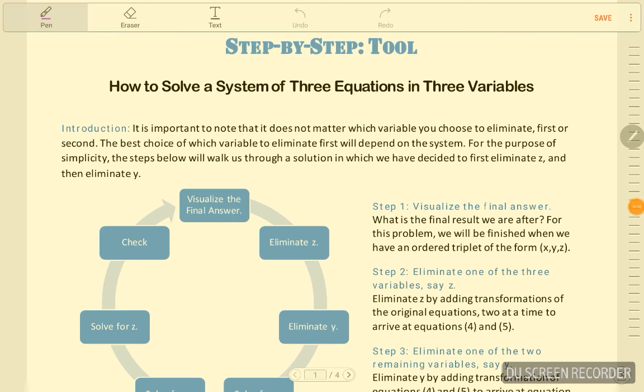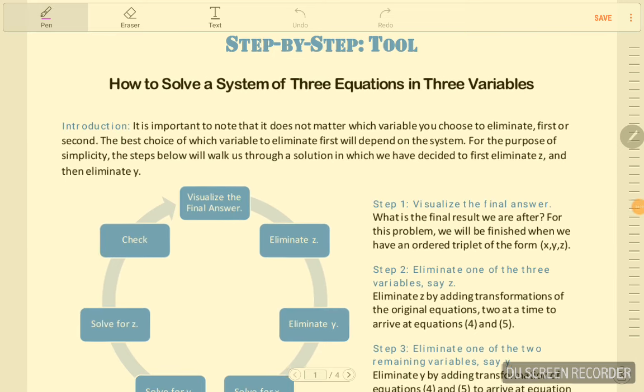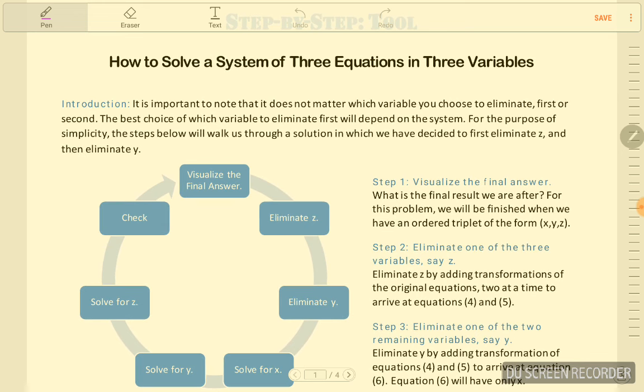Okay, so quick recap. Solving a system of 3 equations and 3 variables, I won't say it's easy. It's long and tedious, and you have to be very careful not to make any mistakes. And if you do find something isn't working out, you've got to be able to go back and retrace your steps. So your work has to be very meticulous.